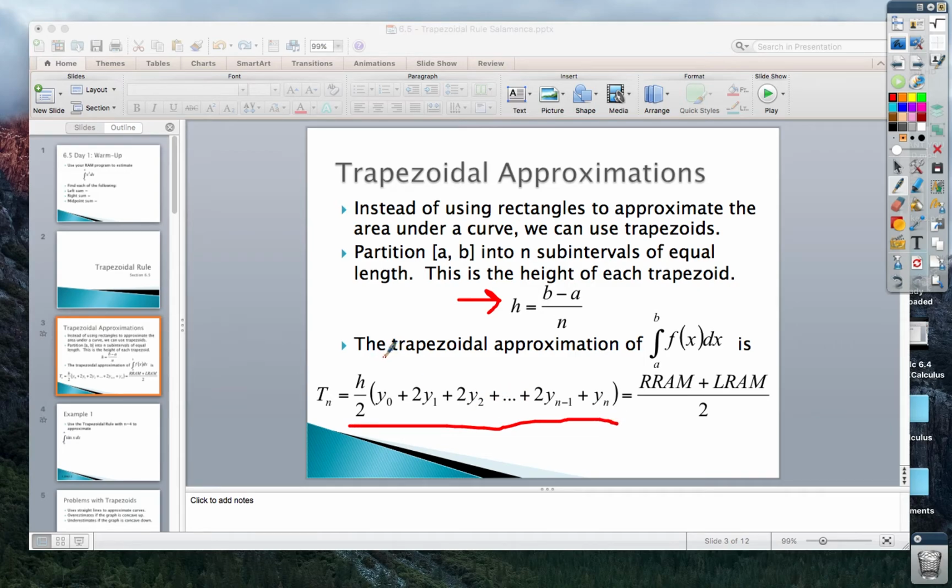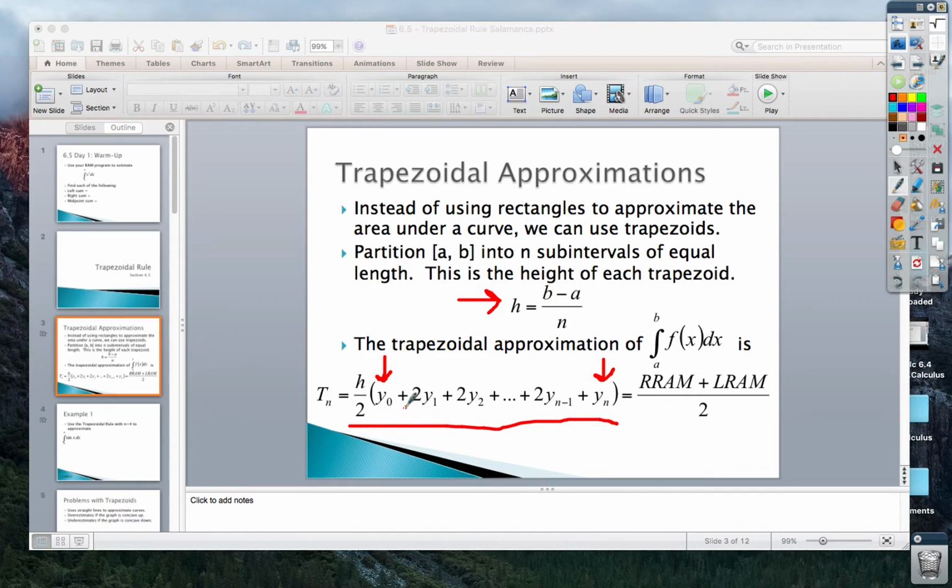Notice that y sub 0 is our initial height, and that should always start at your lower limit. y sub n at the end is the y value of your upper limit. And in between, this is where we split them up into the n subintervals that are given.